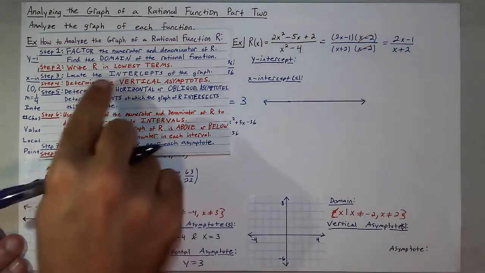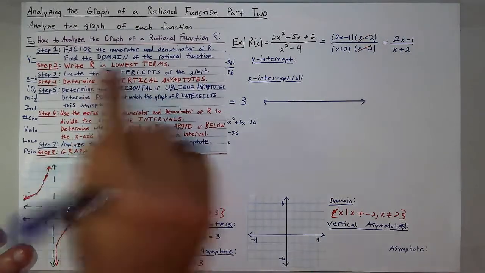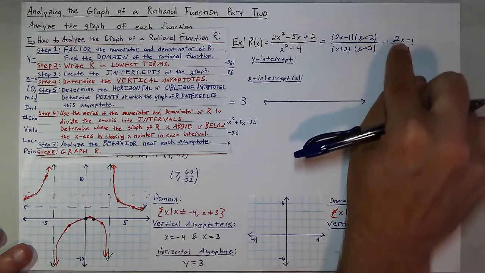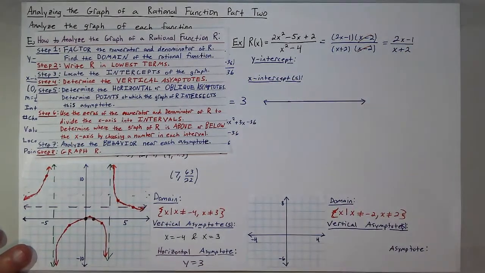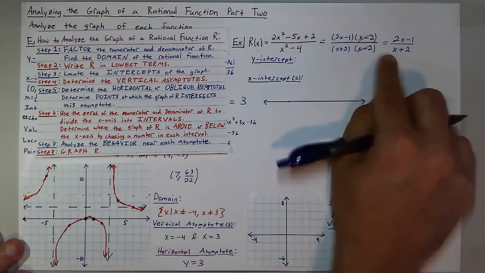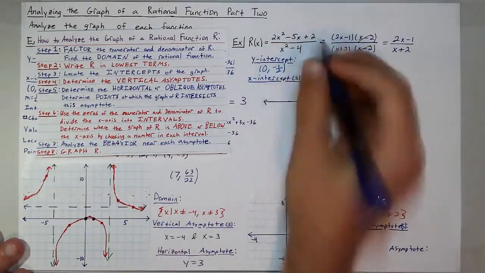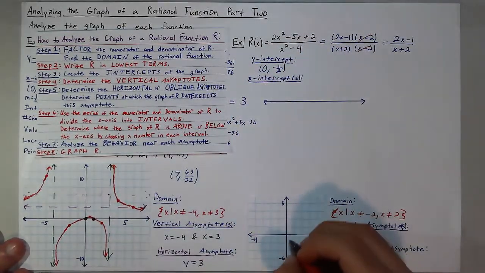So when I go to look for my intercepts, I'm going to use my lowest terms function. So my y-intercept is going to be at negative 1/2. If you were to plug in 0 for x, you would get negative 1/2 for y. So I'll put my y-intercept at 0, negative 1/2, which I'm counting by 2's again, so it's going to be up there somewhere.